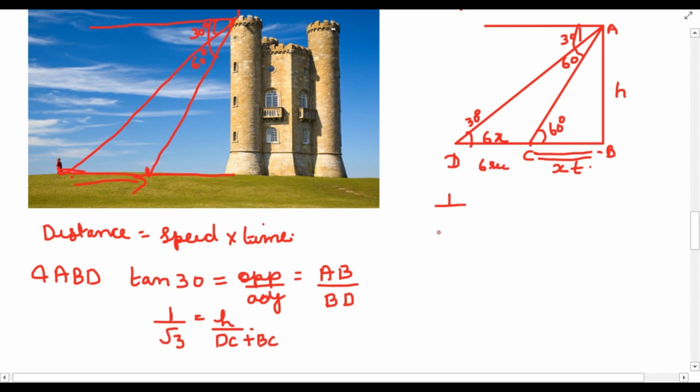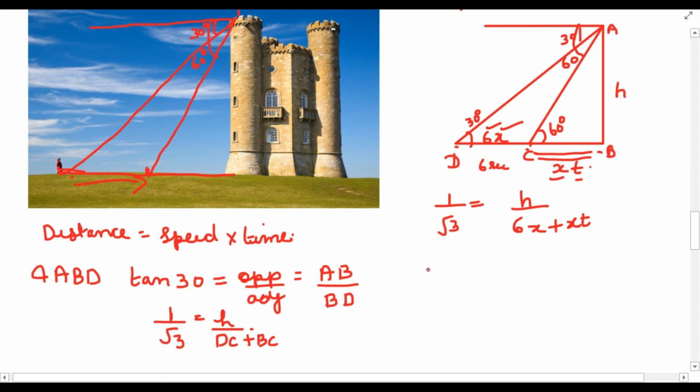So 1 by root 3 equal to h divided by DC is 6x and BC is xt. Distance is equal to speed into time, speed is uniform so that is x, and the time from D to C is 6 seconds.